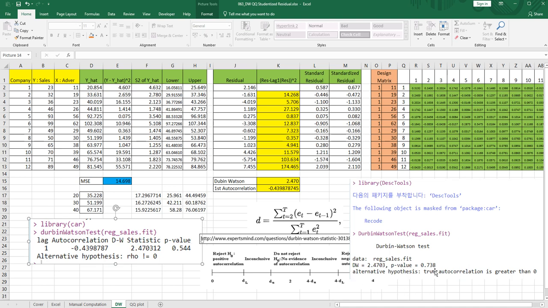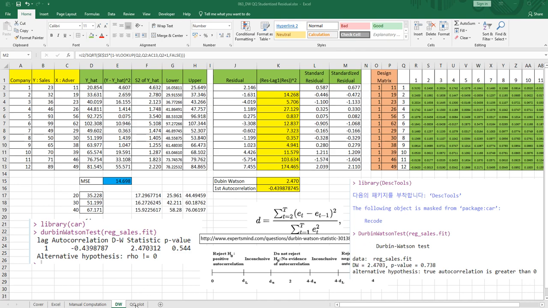So the p-value is 0.738, and the alternative hypothesis is true autocorrelation is greater than 0. So it means that we cannot reject the null hypothesis. So we can say that there is no correlation in the residuals.